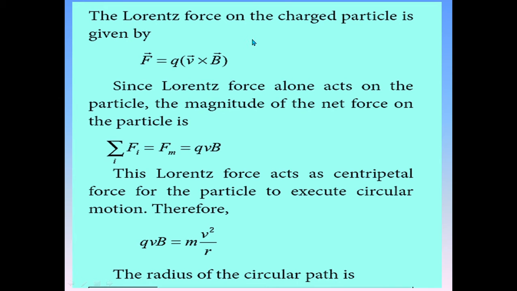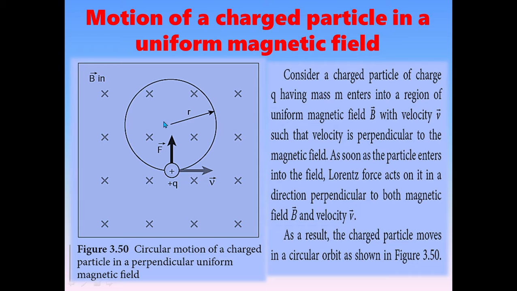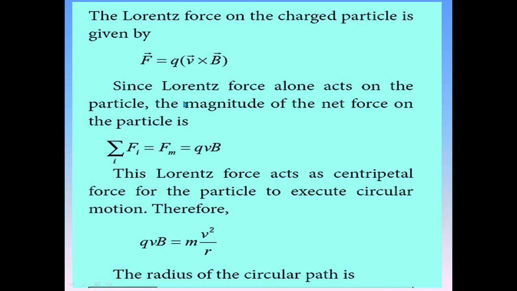The Lorentz force on the charged particle is given by the formula we already know: F vector is equal to q into v vector cross B vector. Since the charge moves perpendicular to the uniform magnetic field, the Lorentz force alone acts on the particle.